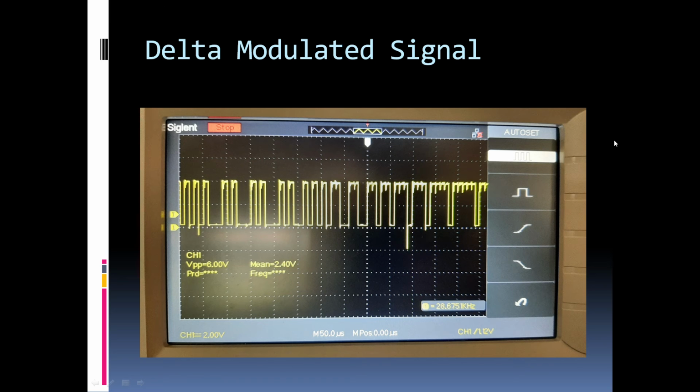The output from the comparator is basically sampled once every clock by the sample and hold circuit, and then the output remains steady till the next sample is taken. And this is how the delta modulated output looks at the output of the sample and hold circuit during our experiment.